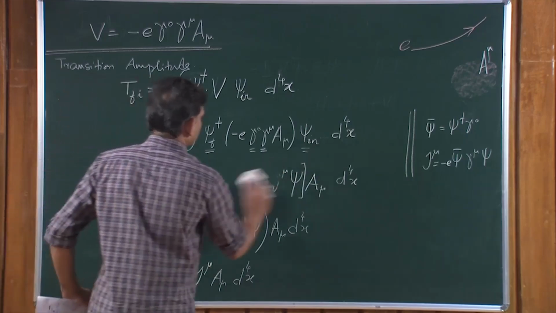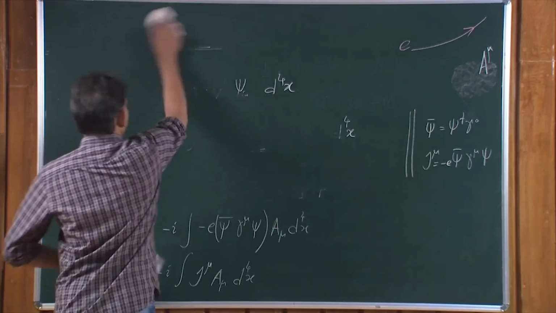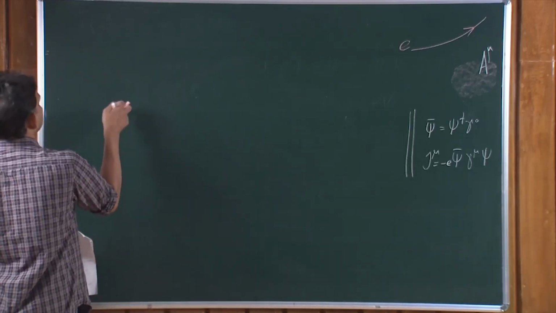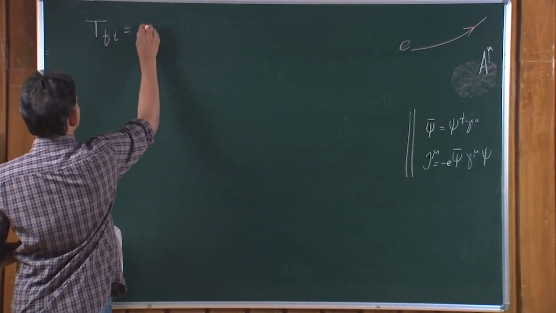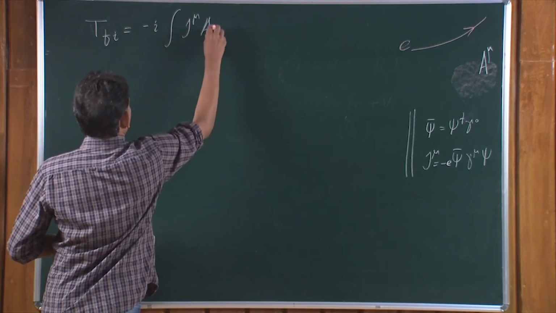This is one thing which we will keep in mind. Let me write that again. So, we have T f i is equal to minus I integral j mu A mu.